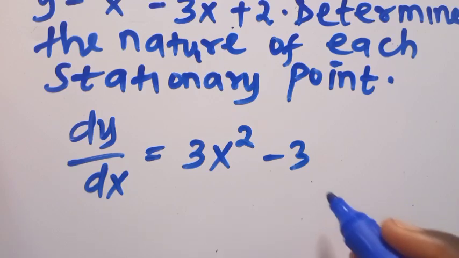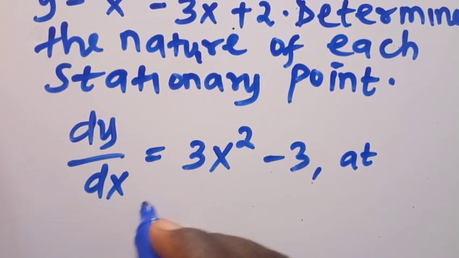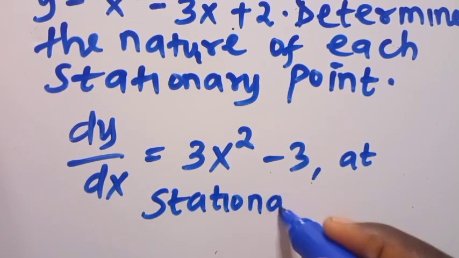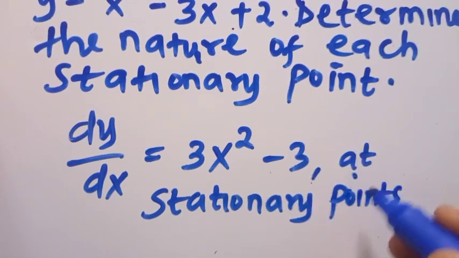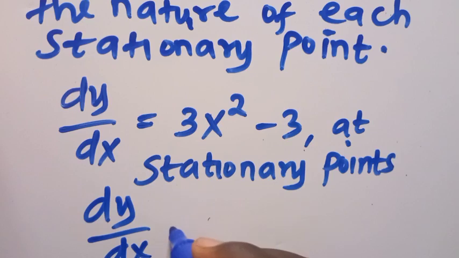Since this one is the gradient function, then we can say that at stationary points, dy over dx is 0.